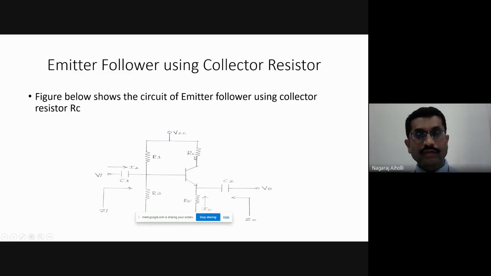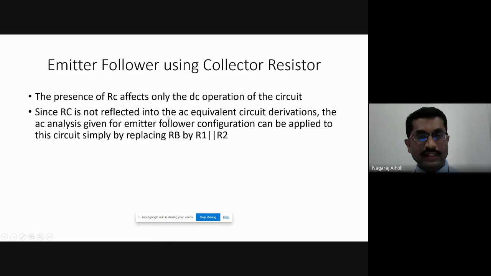Let us see how it does not affect the AC analysis. RC is not reflected, that is, it is not shown in any of the derivations of the performance parameters for the circuit, right? And hence we say that RC is not affecting the AC analysis, because whatever equations were there for the basic emitter follower circuit, the same equations we obtain for the emitter follower using collector resistance also.